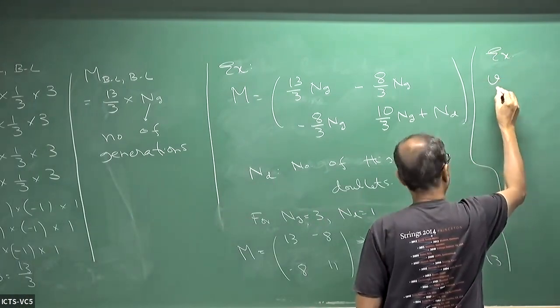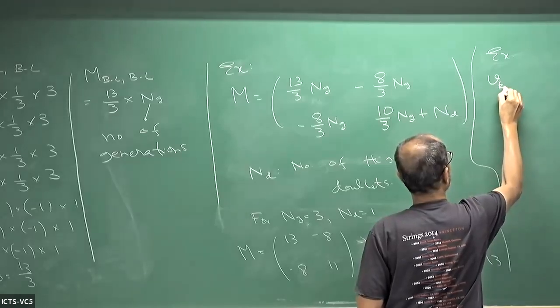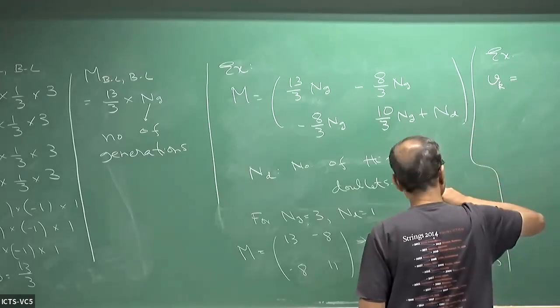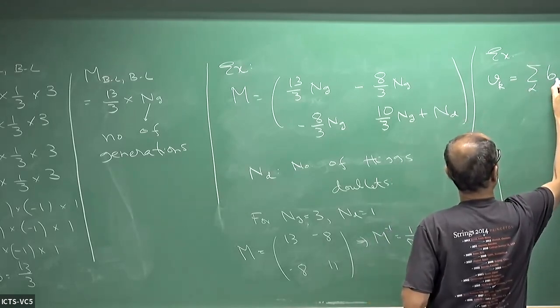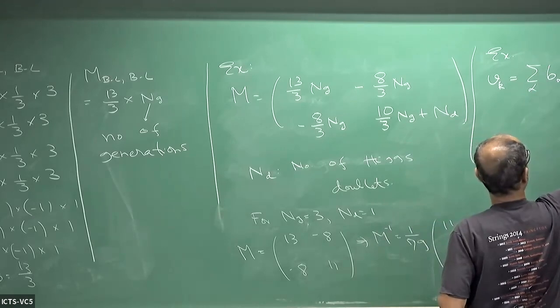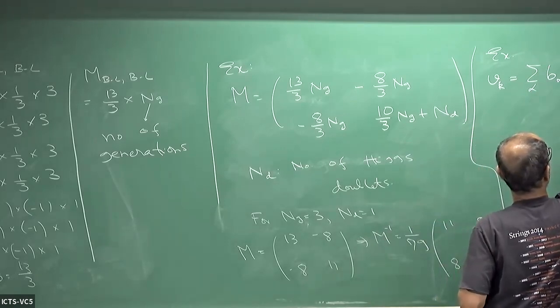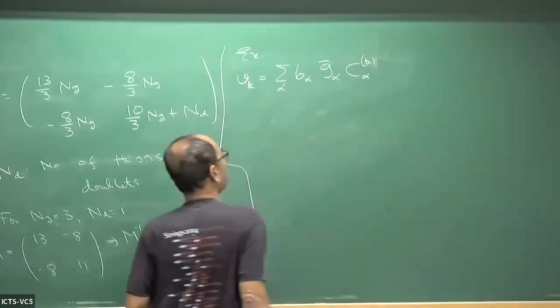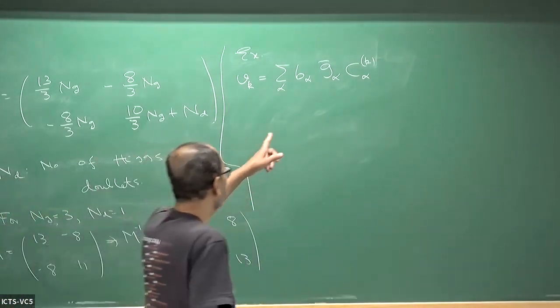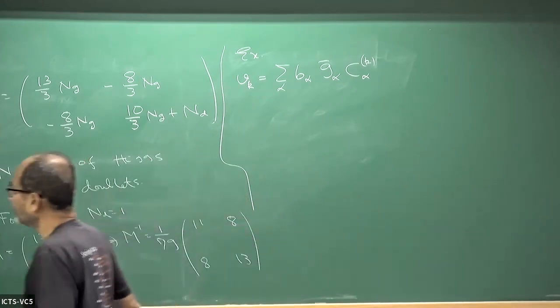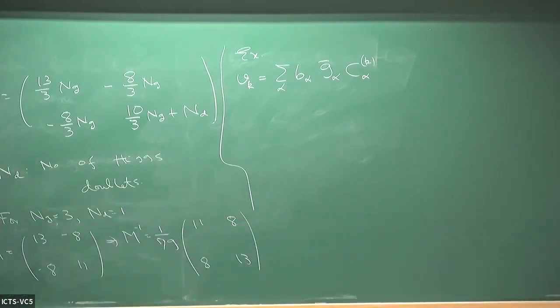You remember the formula for Vk? The calculation is identical, except that when you take these products, the second element is as it is.